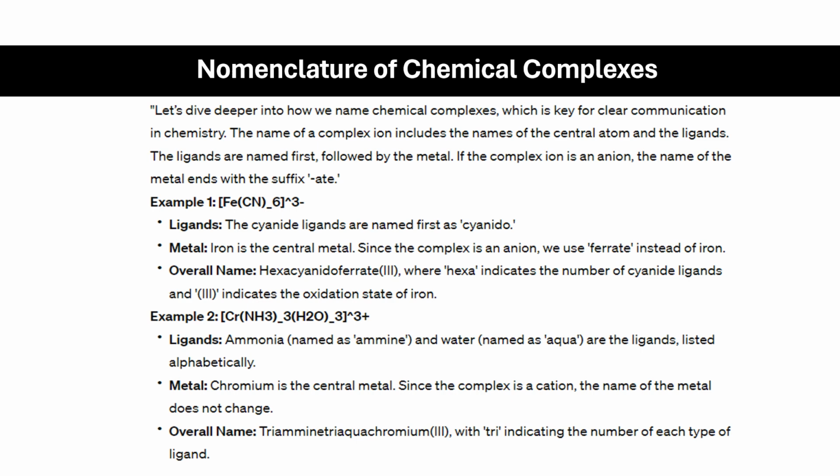It's still chromium. Since it's a complex cation, the name of the metal remains, it will not change. The overall name of this coordination compound is triammine triaqua chromium(III), with tri indicating the number of each type of ligand in the coordination compound. So we have 3 ammonia ligands and 3 water or aqua ligands. So it's triammine triaqua chromium(III).